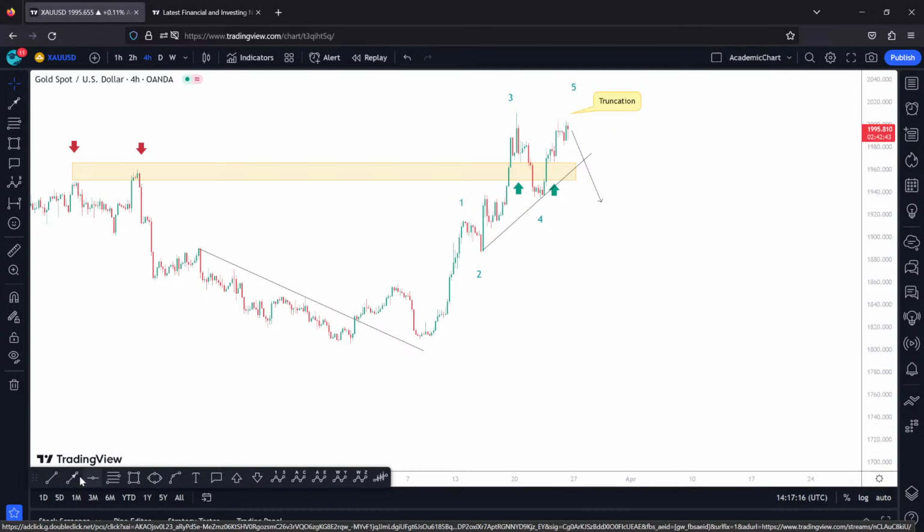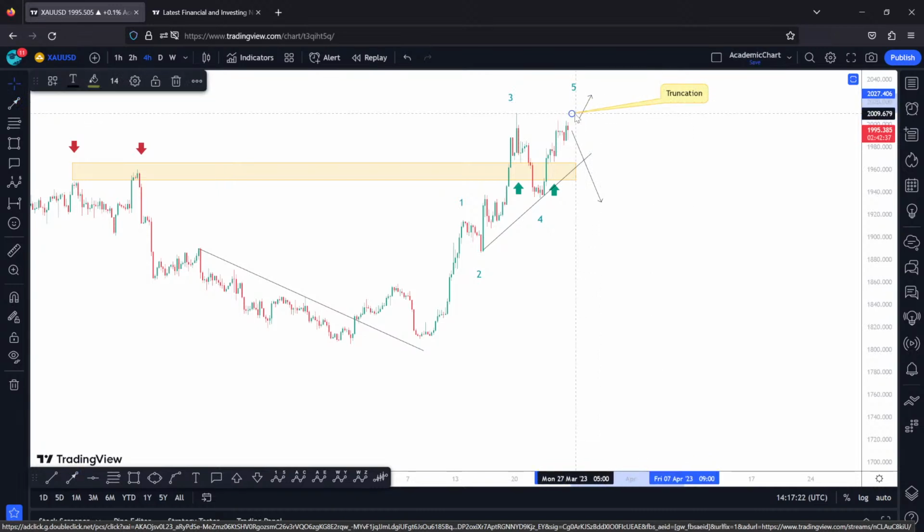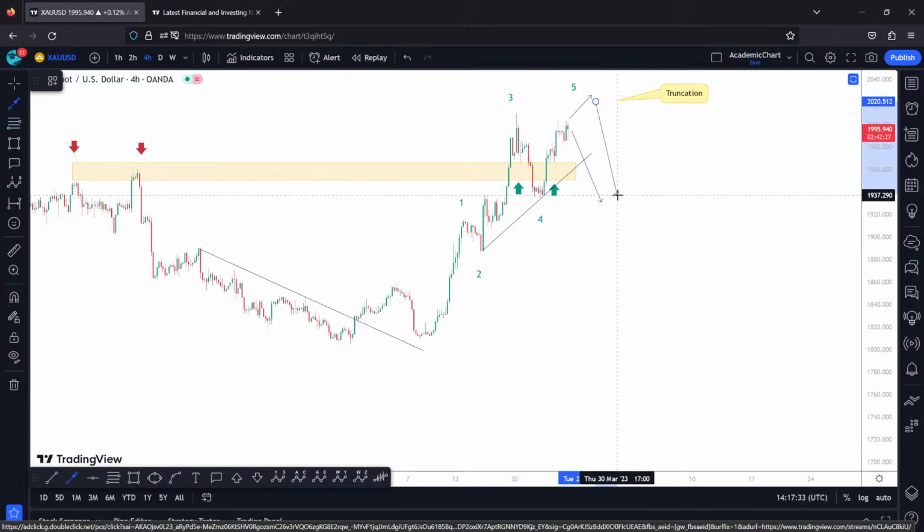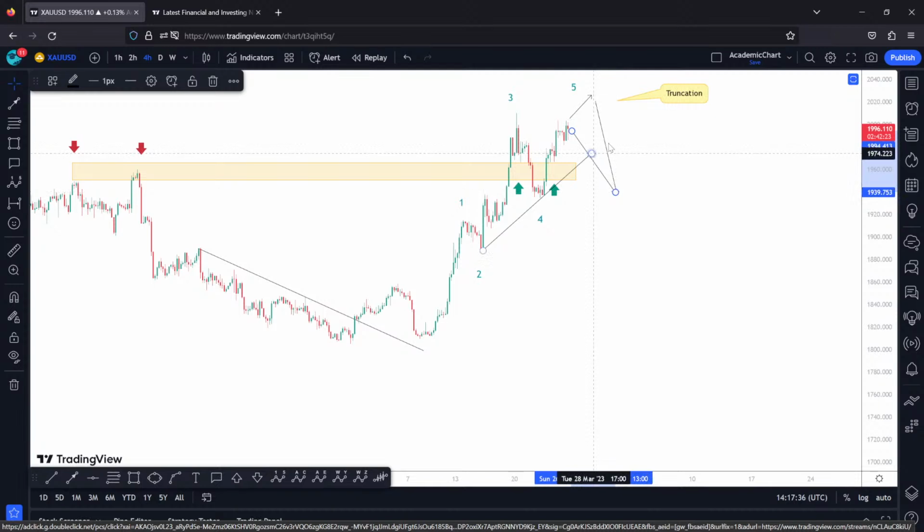However, this is not forced to be truncated. I'm just saying that it might be a possible truncation, but it might just move up a little bit to create a stronger divergence, and then after that very short momentum, we might see a breakout in any case. This is my expectation.